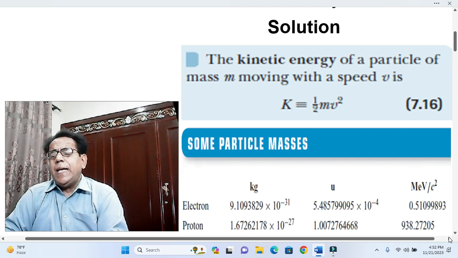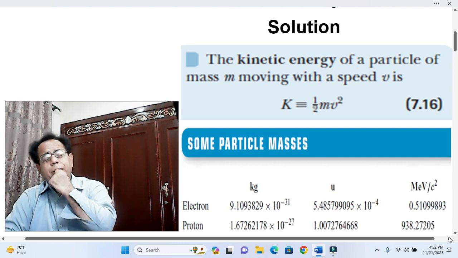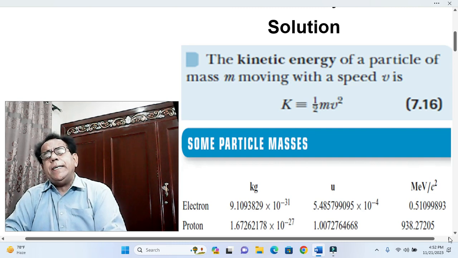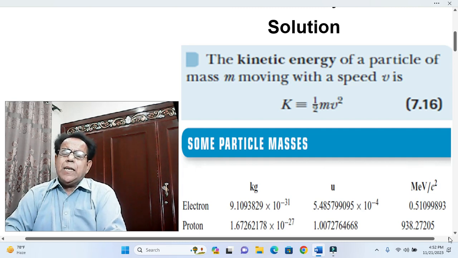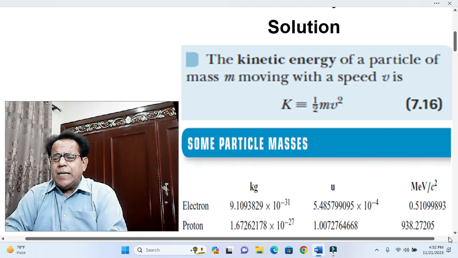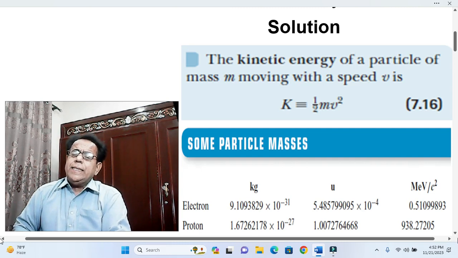Actually, this three-lines symbol means is defined as or is equivalent to, so it does not make much difference whether we use exactly the equality sign or these three lines. Kinetic energy is equal to half mv square.